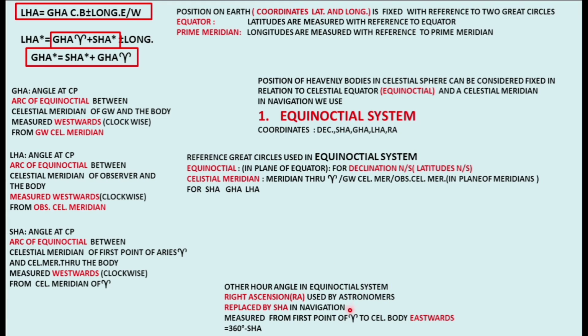So the sum total of RA and SHA is 360. So 360 minus SHA is RA. RA is not used by navigators anymore. It's used by astronomers and has been replaced by SHA. So we do not really come across RA much, though in some questions we will. It will suffice for you to understand that RA is 360 minus SHA.